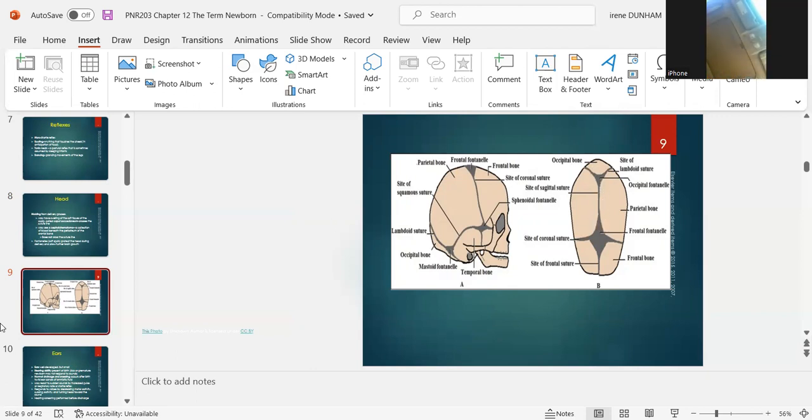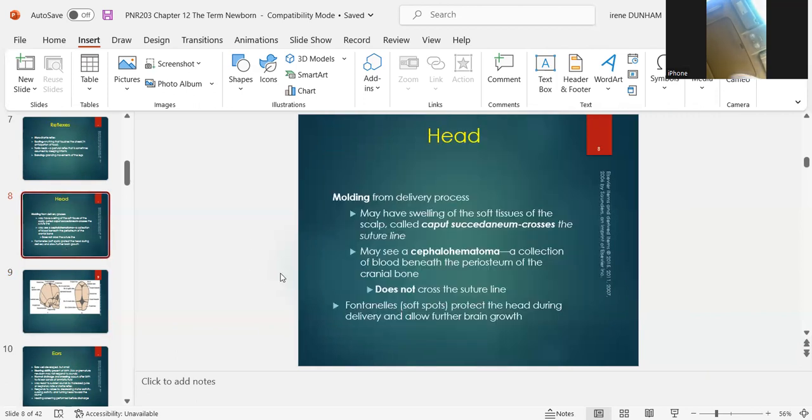Now, another problem coming down the pelvis would be a cephalhematoma. I'm demonstrating on the side of my head, drawing a circle, because a cephalhematoma is a blood clot that's under the scalp.